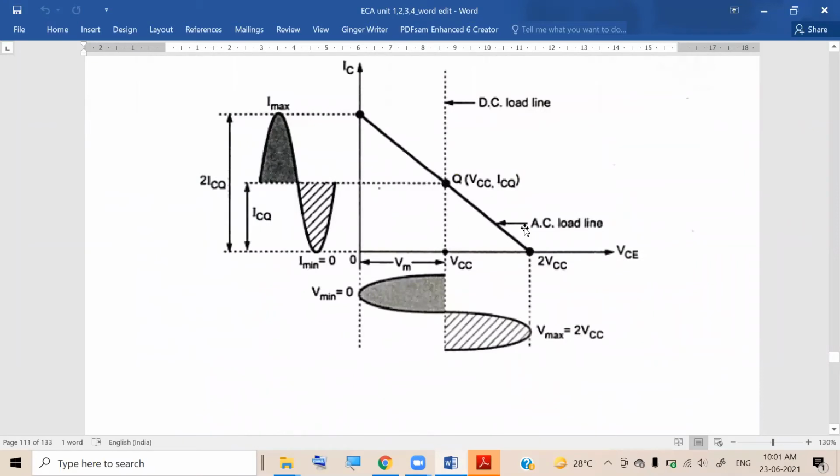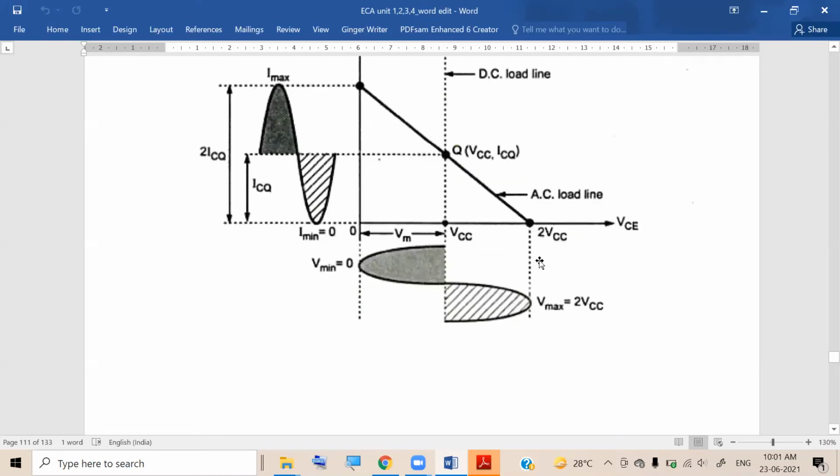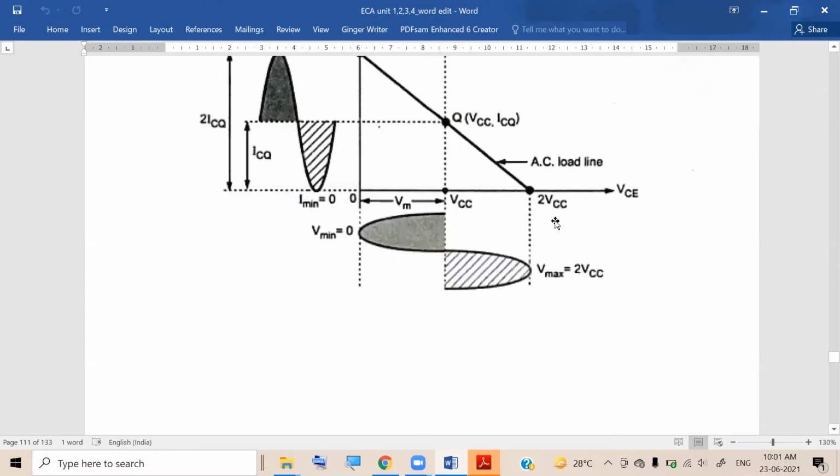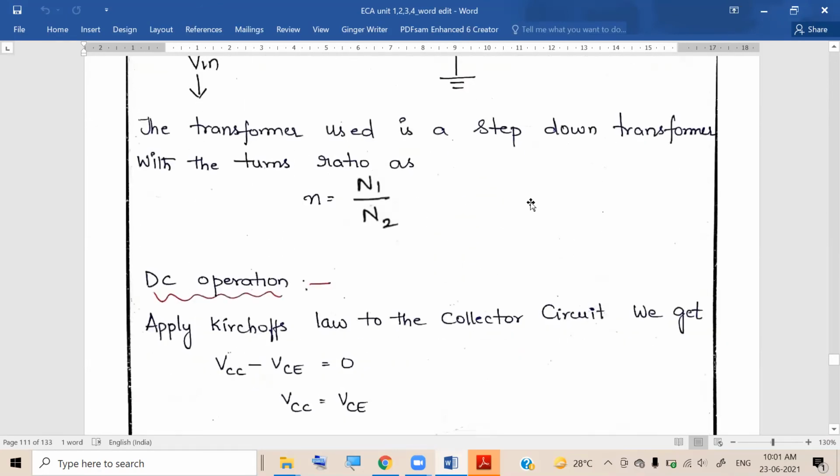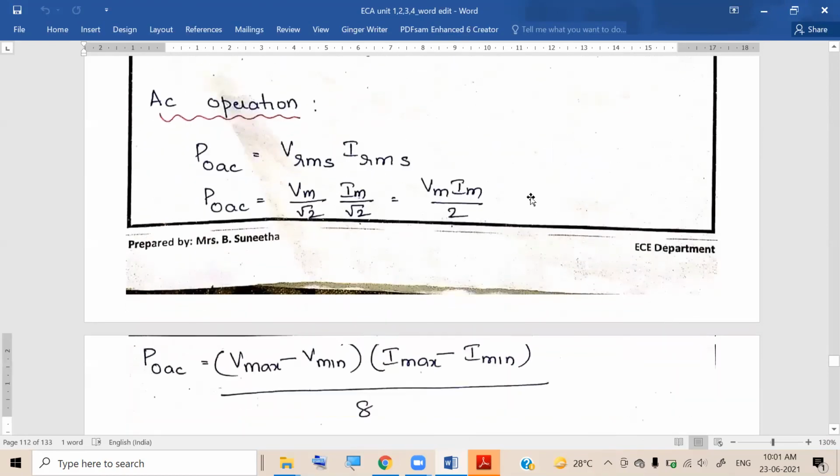So this will be the load line, and we'll have corresponding output voltages and currents. The only difference in the derivation is VCE is 2 VCC, the remaining derivation is the same. So we got 50% efficiency. Because VCE was 2 VCC, we got 25 multiplied by 2, 50%.